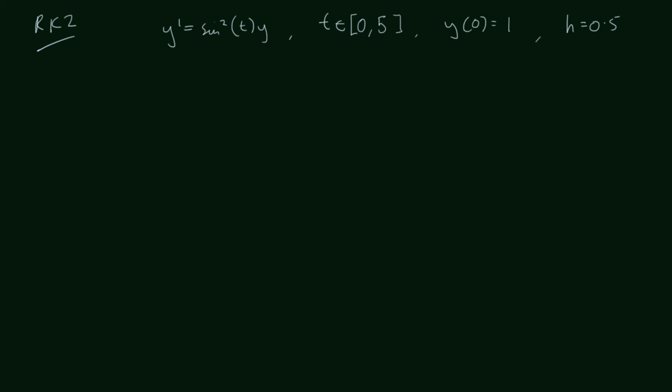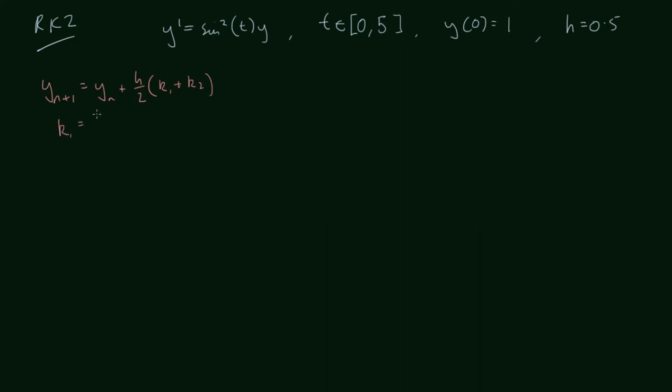example. Okay, so the RK2 method, I'll write that down here. We've got y_{n+1} equal to y_n plus h over 2 times the sum k1 plus k2.